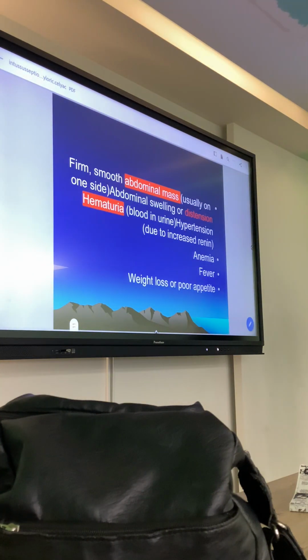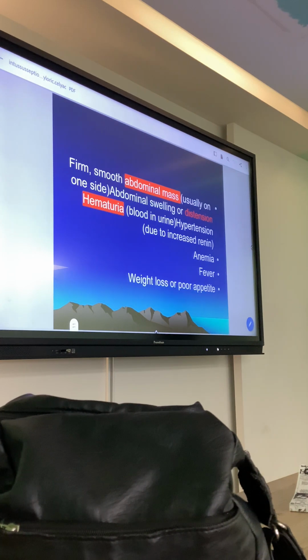Number one, you touch an abdominal mass. The mother said, I wanted to clean my baby and I found that mass in the abdomen. Usually on one side, maybe bilateral. Distension. What is distension? Abdominal distension.